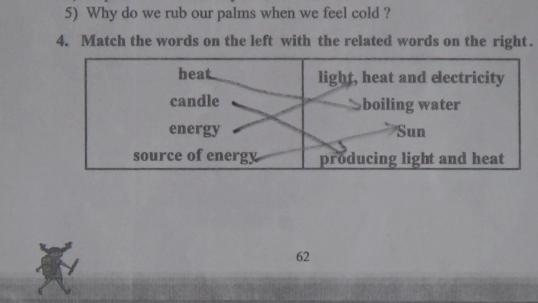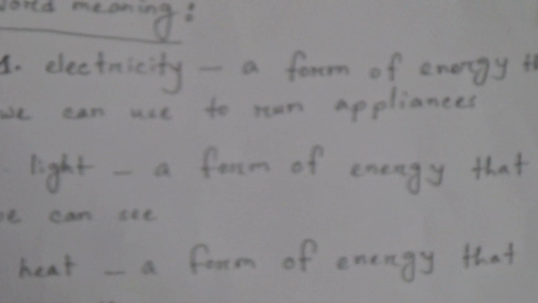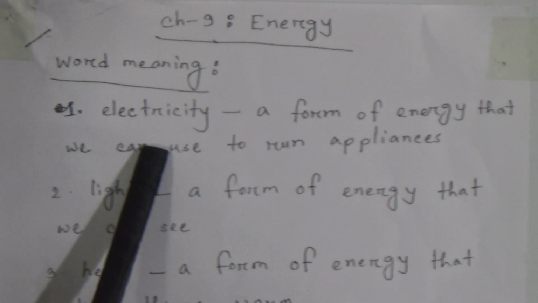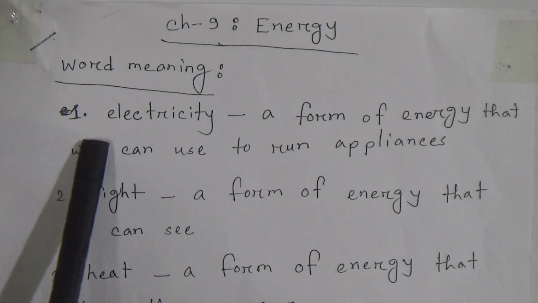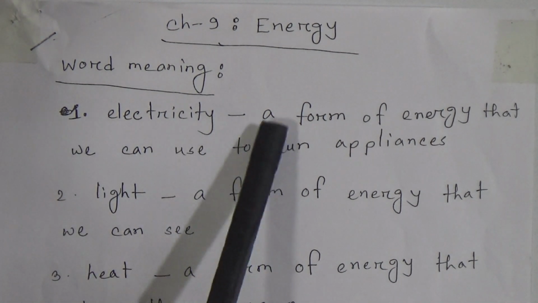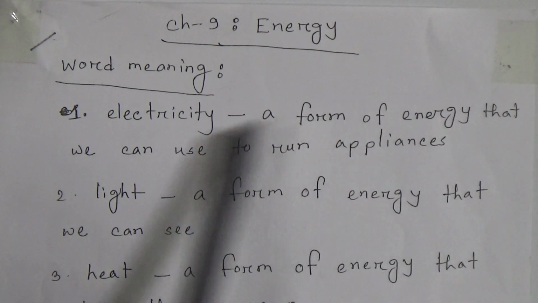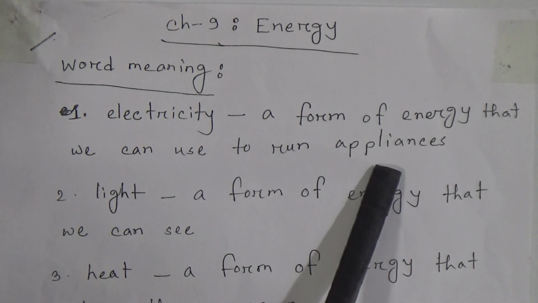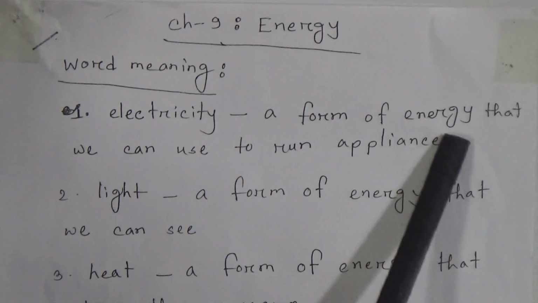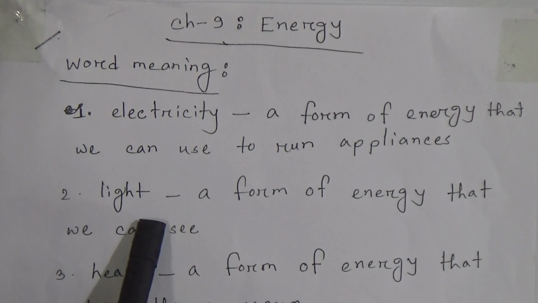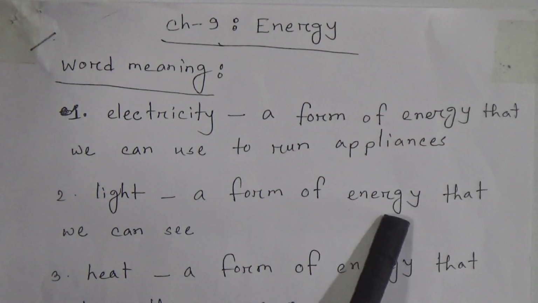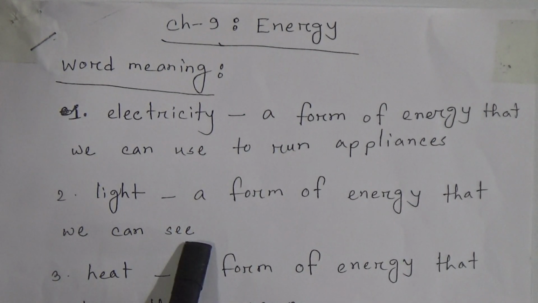Okay, my dear students, now I will give you some word meanings from this chapter, and you have to memorize these word meanings properly. Number 1, electricity. Electricity means a form of energy that we can use to run appliances. Light means a form of energy that we can see.